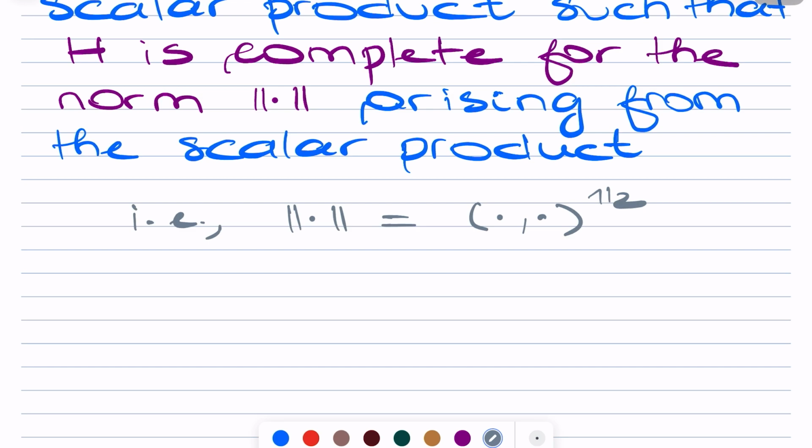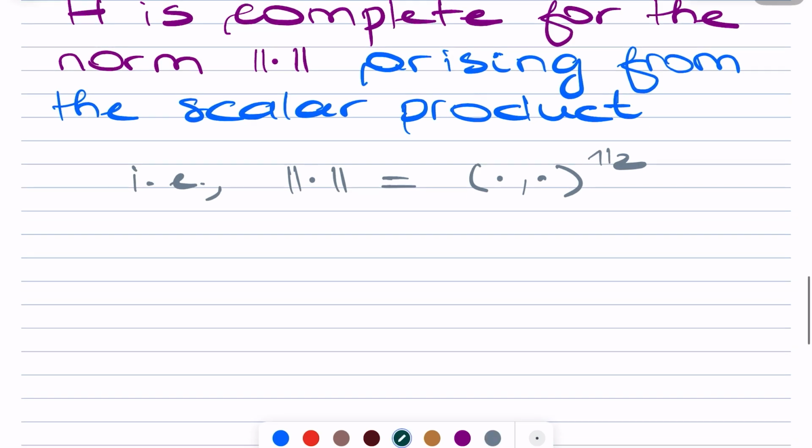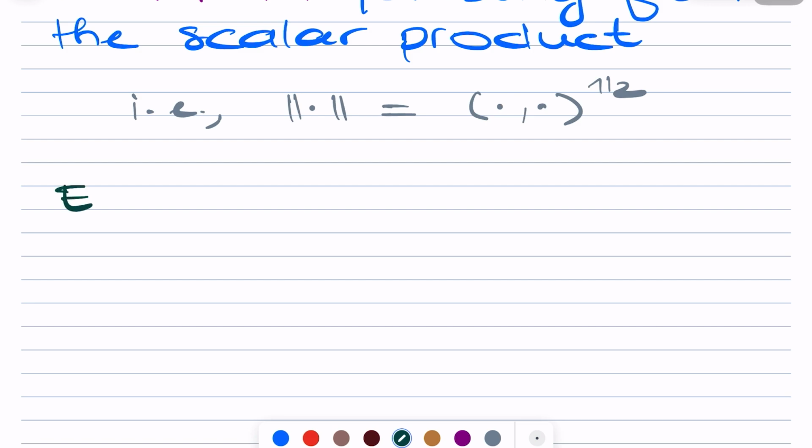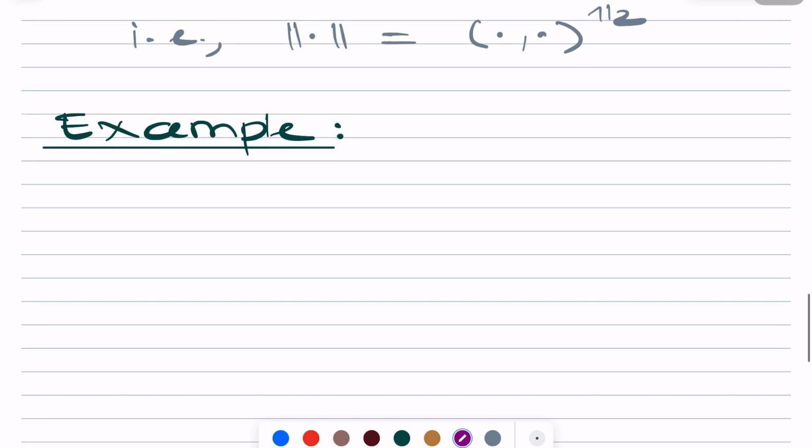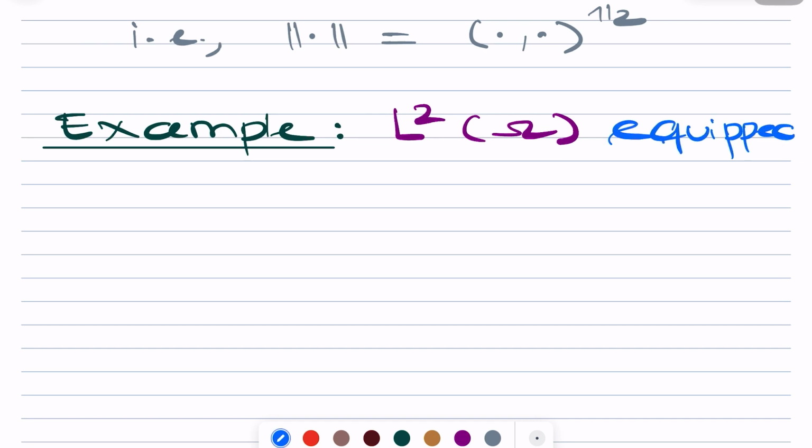So let's have an example of a Hilbert space. For example, you can think of the space L2 that we discussed. So L2 of omega, equipped with the scalar product.